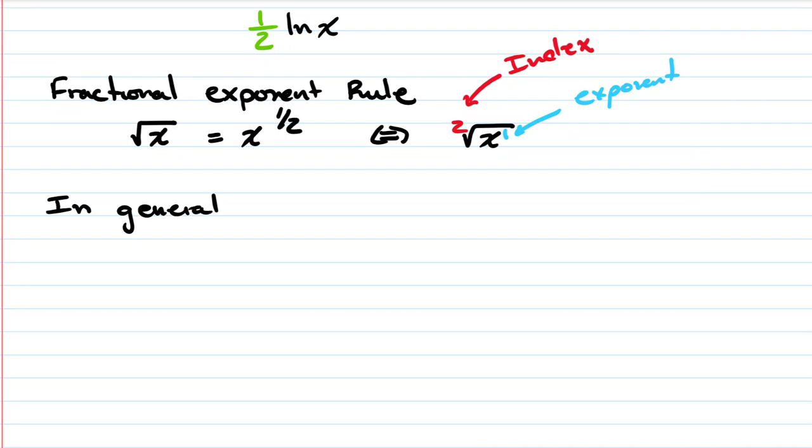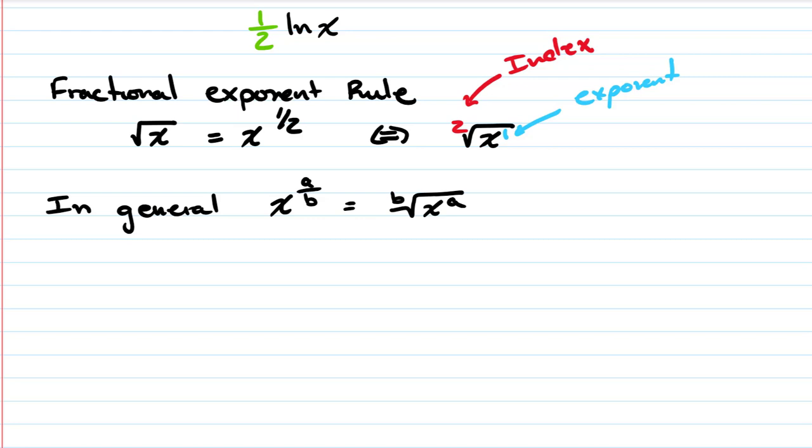So in general, we have the following. If we have x raised to the a divided by b, this is going to be the same as the bth root of x raised to the a power. So in the example we just had, our index was 2 and our exponent was 1, so we got 1/2.